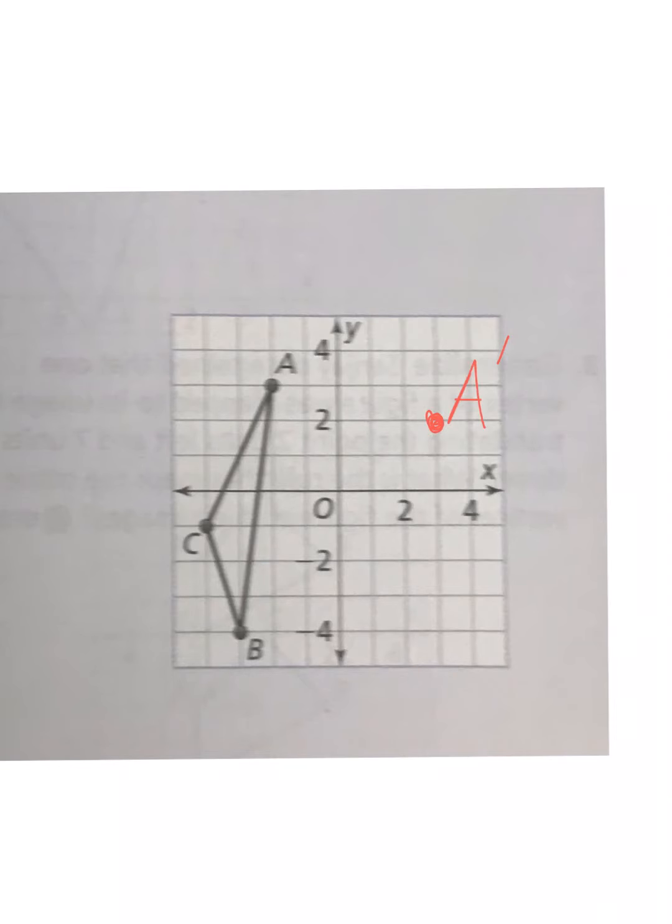We're going to go 5 units to the right and 1 unit down. And this would be C prime. I like to connect as I go. And for B, 5 units to the right and 1 unit down. And this would be B prime. And this would be our image that is translated, slid 5 units to the right and 1 unit down.